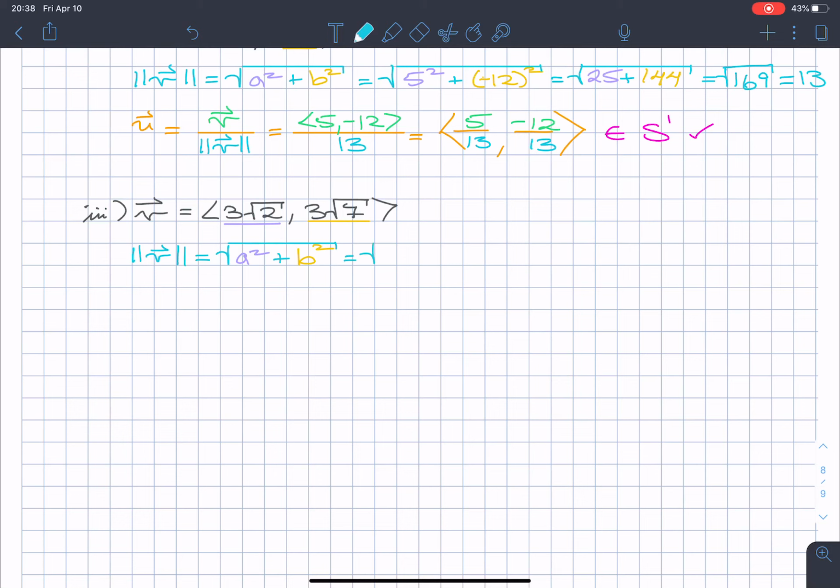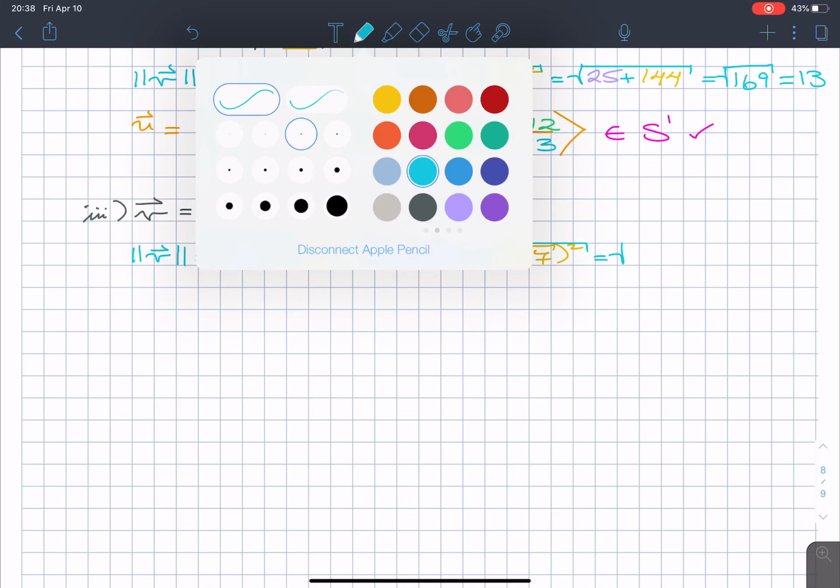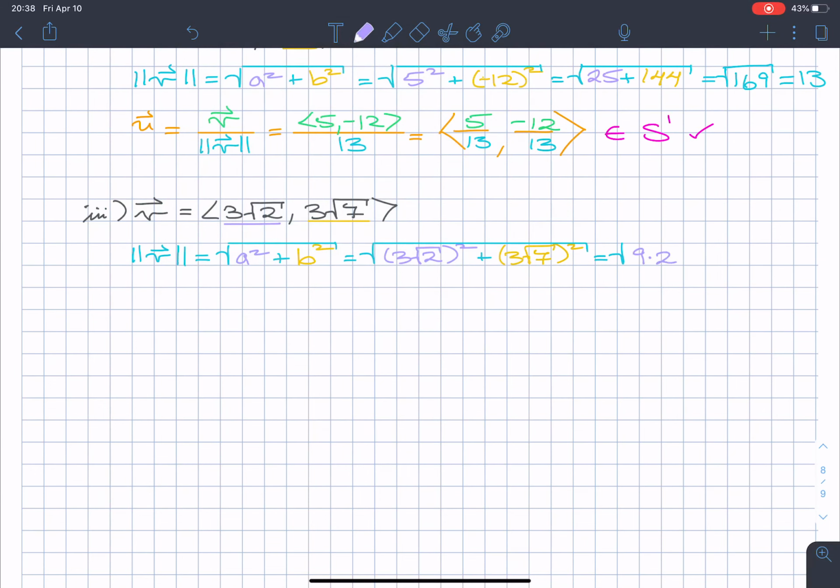So that gives us quantity 3 root 2 squared plus quantity 3 root 7 squared. So what does that give us? Gives us 9 times 2 plus 9 times 7. So that's 9 times 9, because 2 plus 7 is 9 nines. So the square root of 9 times 9 is 9.